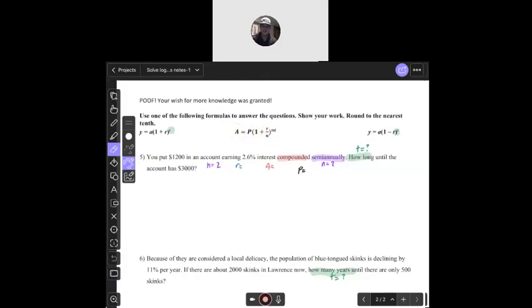r is 2.6, which means the rate, right, Jarrett? What do we do with those rates as we go to use them? r is 2.6, but we don't use 2.6. What do we do instead, Jarrett?